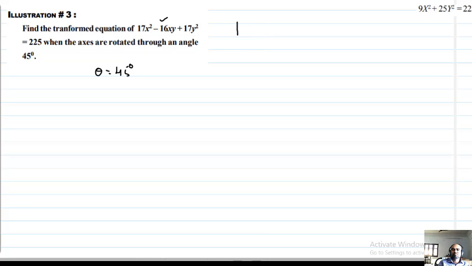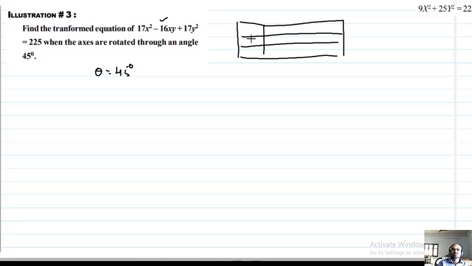First of all, you need to prepare the table every time. Okay, students, listen. Small x, small y, capital X, capital Y, cos theta, minus sin theta, sin theta, cos theta. First, find the value of small x.